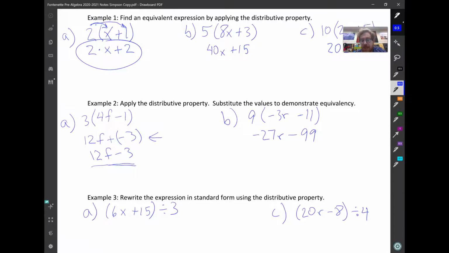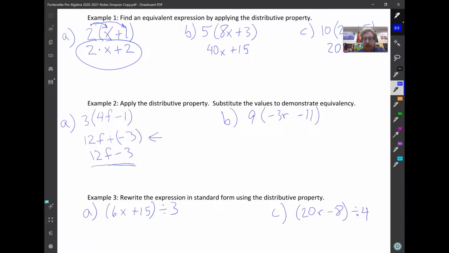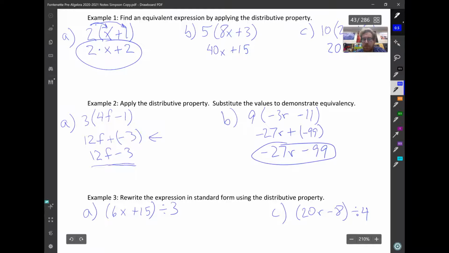If that is skipping too many steps, then the way you would write it is 9 times negative 3r, that's negative 27r, and then just automatically put a plus sign, and then do 9 times negative 11, which is negative 99, and then you can rewrite on this line so that you get 27r minus 99. But we end up in the same place, whichever way you want to do it.